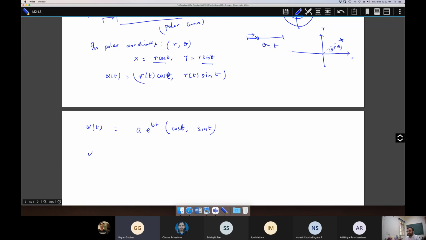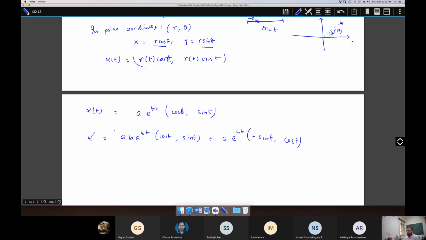So what is the tangent alpha prime? This will be a b e power bt cos t, a b e power bt sin t, plus a e power bt times minus sin t, cos t. Agreed? Okay, so let's factor out a e raised to bt, and you will have minus sin t plus b cos t, and here you will have cos t plus b sin t.